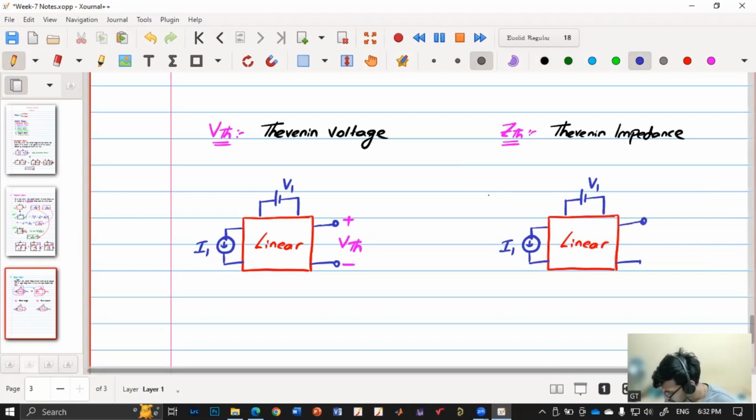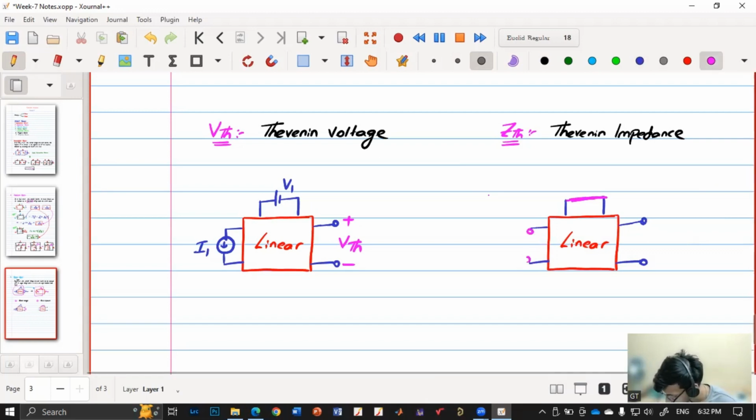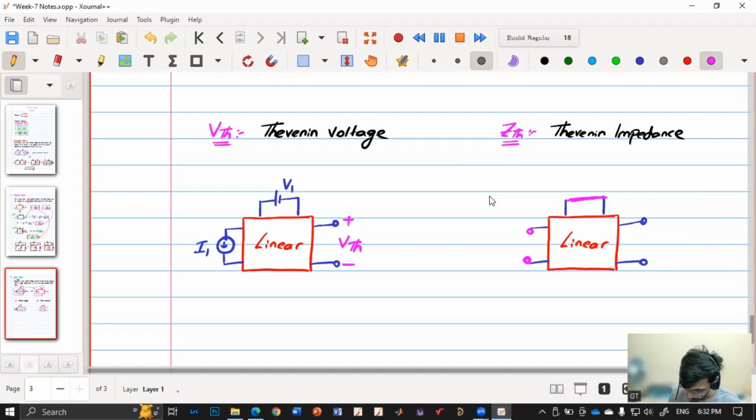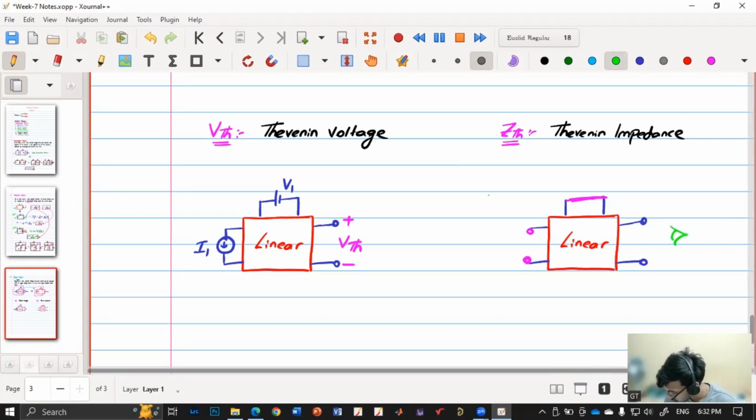Now we short the voltage sources and open the current sources. So we are shorting the voltage source and opening the current source. Now we look from this side, from these two terminals, and find the impedance. That impedance is ZTH.